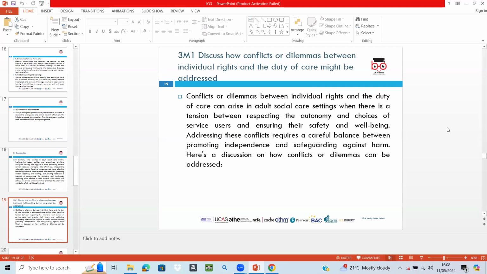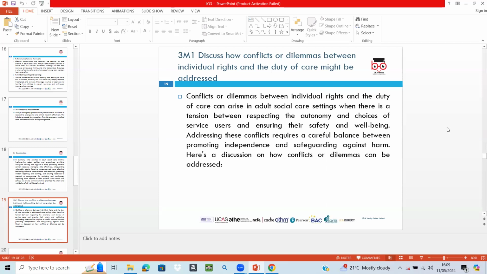It helps in understanding individual preferences, needs, and concerns. And if we foster a culture of transparency and involve service users in decision-making processes, conflicts arising from different perspectives can be mitigated. Then we have adopting a person-centered approach to care, which allows for individualized care planning that considers the unique values, wishes, and desires of each service user.